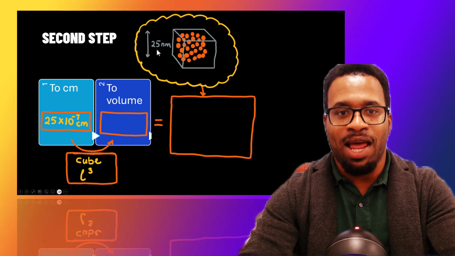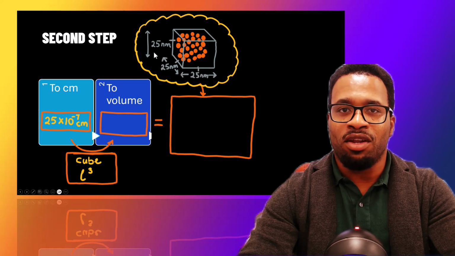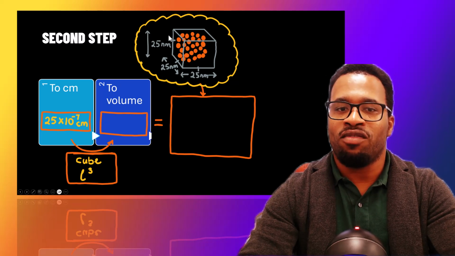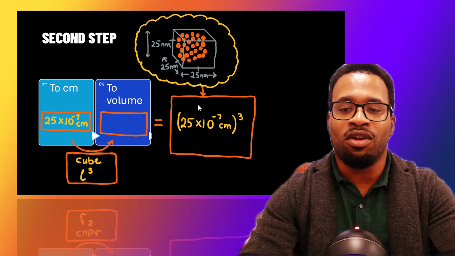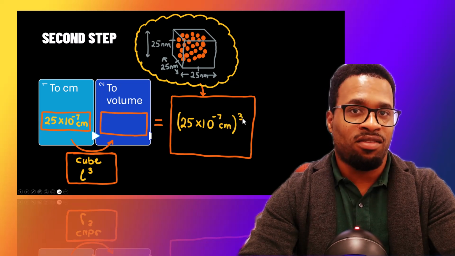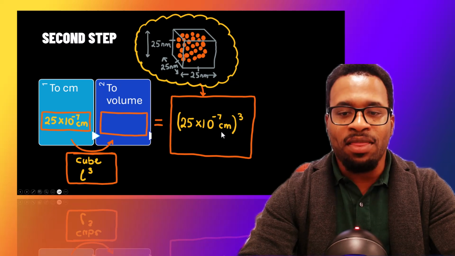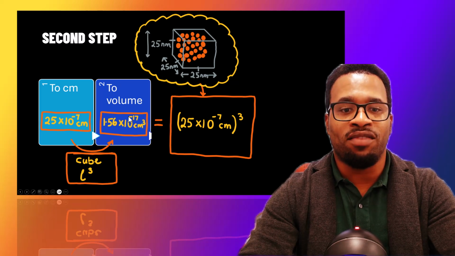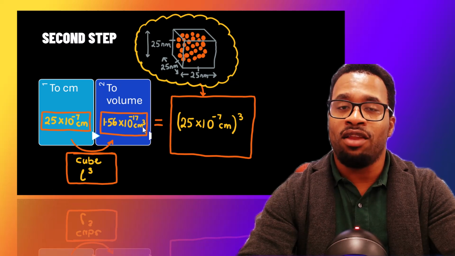So length times length times length: 25 nanometers for the length, 25 nanometers for the width, and 25 nanometers for the height. Once we multiply those numbers together in centimeters, three of these numbers multiplied together, that will give you 1.56 times 10 to the power of -17 centimeters cubed. Now we have our value for the volume.